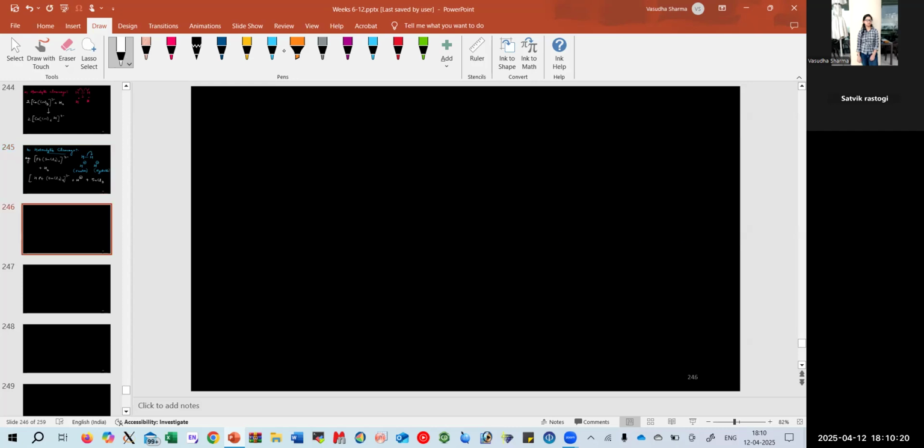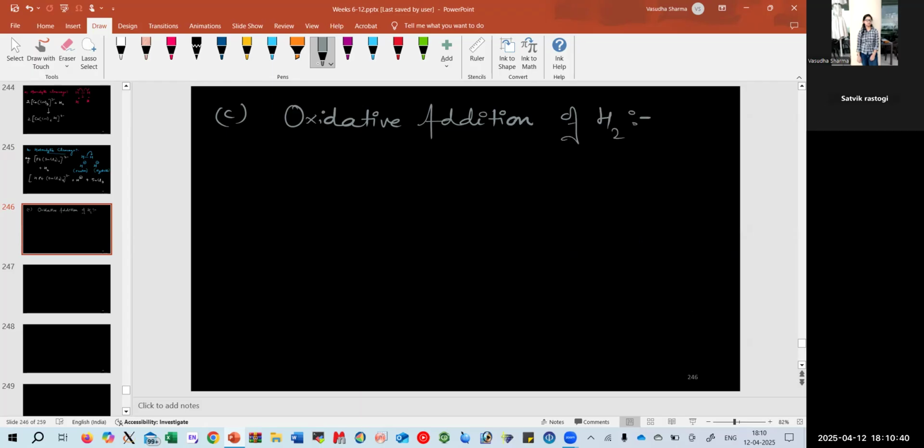And the third important way of activating hydrogen is oxidative addition, which is generally followed in coupling reactions or organometallic reactions. So in oxidative addition, what is the mechanism?